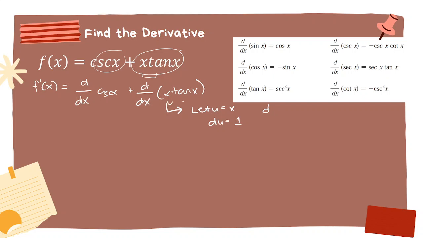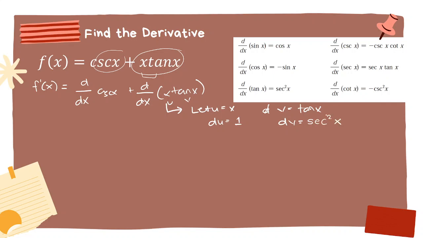Ito yung u natin, ito yung v natin. So, ang v natin ay si tan x. What's the derivative of v? Anong derivative ng tan x? Sec squared x, di ba?